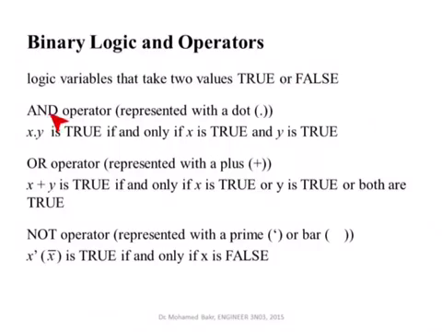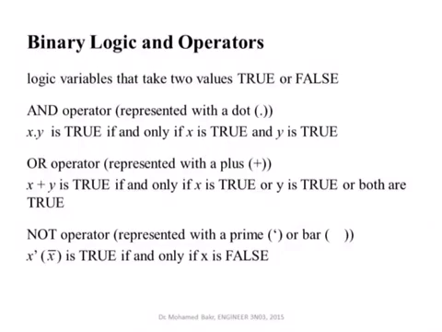AND operator means if you combine two logical variables, then the AND will be true only if these two variables are true. So when we say it is morning and it is 8 o'clock in the morning, I am now ANDing two variables. If these two statements are true, then their AND is true. This is the only way to make the AND true. So both of them have to be true.